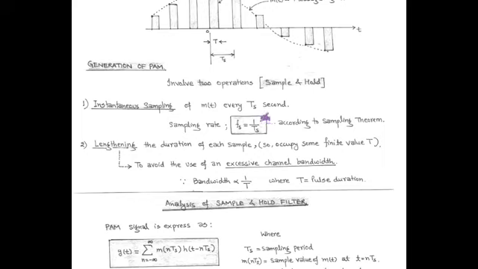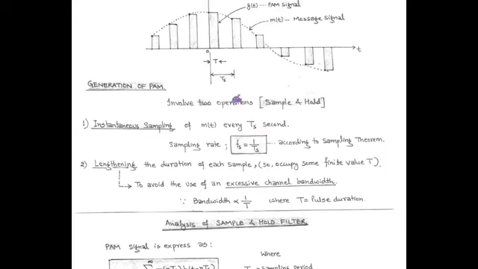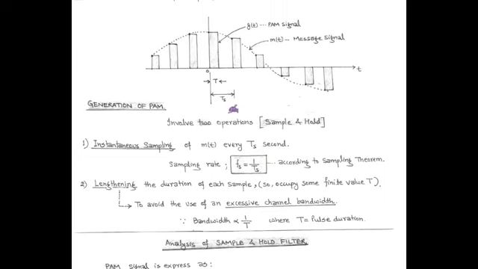This is called sampling frequency and it is equal to 1 upon Ts, where Ts is called the sampling period, and this is according to the sampling theorem, which says that Fs is always greater than or equal to twice Fm for the recovery of the original baseband signal.